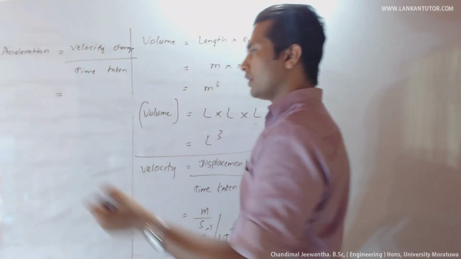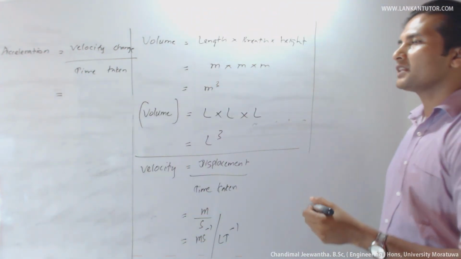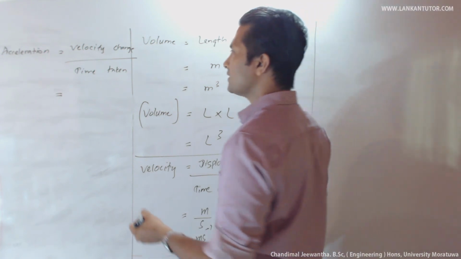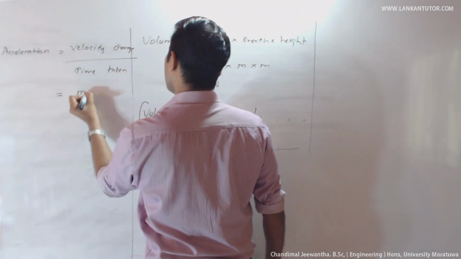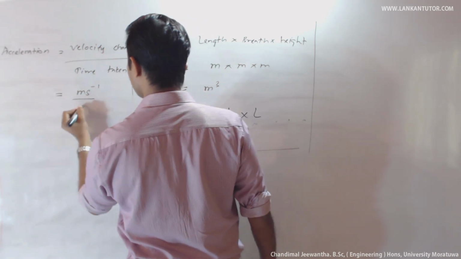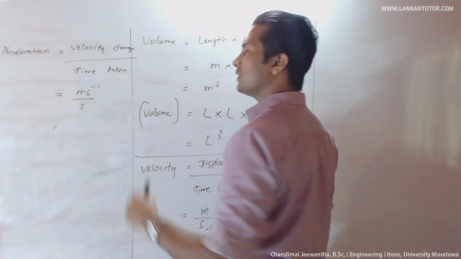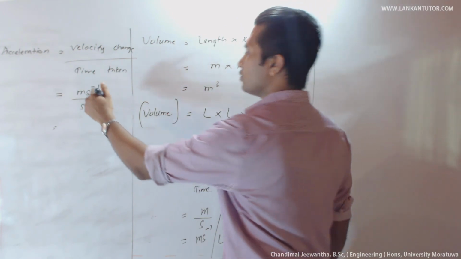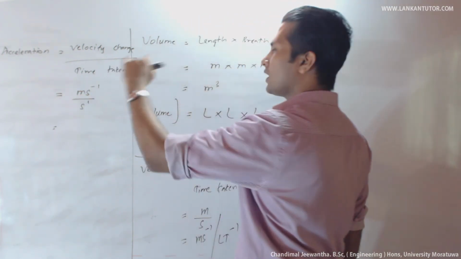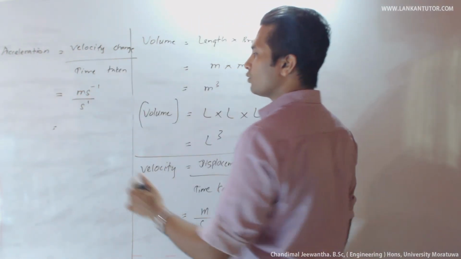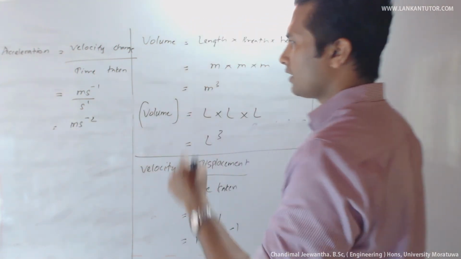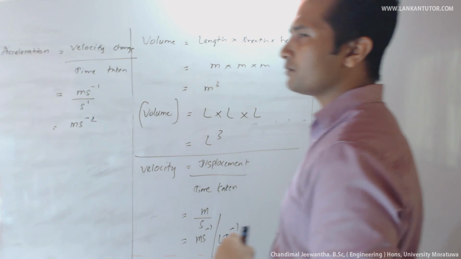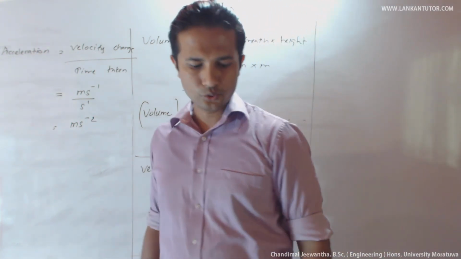The unit of the velocity is ms minus 1 divided by simple s; we can follow the same procedure. When s goes up, that becomes negative. Finally, the unit of the acceleration becomes ms minus 2.